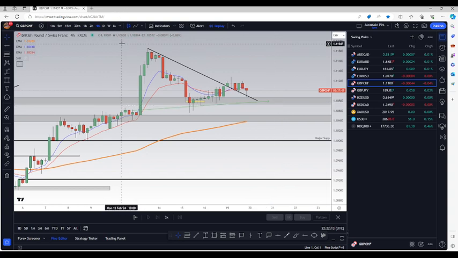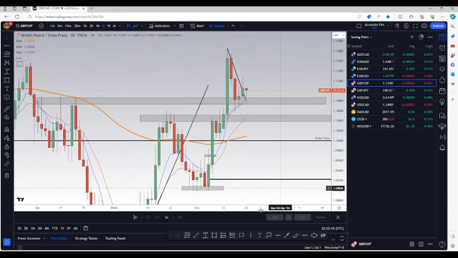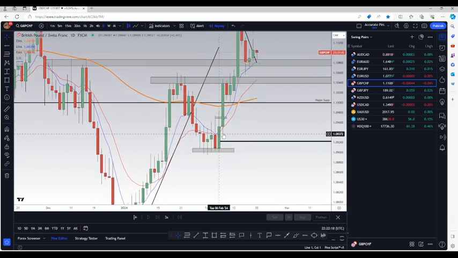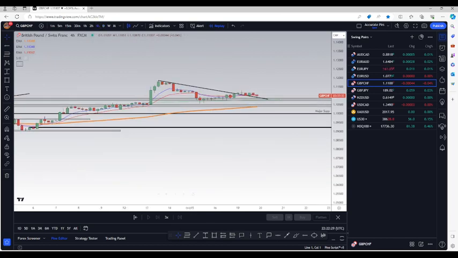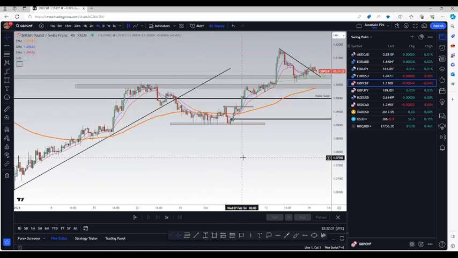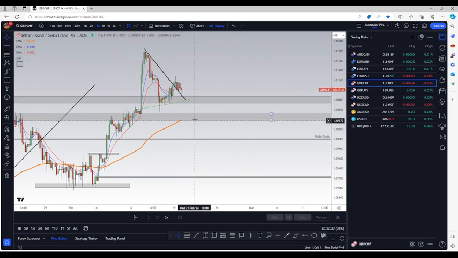CHF, for me, I'm all buyers on CHF. I'm biased because I remember when it was down here, and literally I should have bought when it was at this price level. At least a 300 pip move, man. So I'm still bullish on GBP CHF. We've had a pullback.